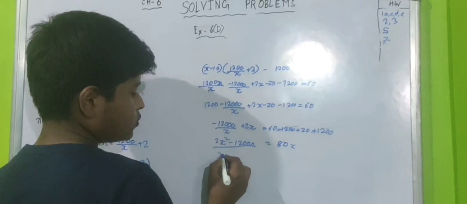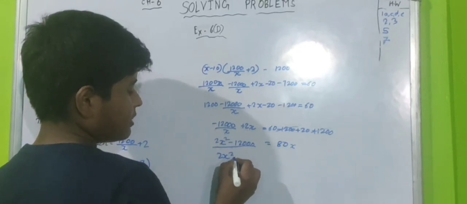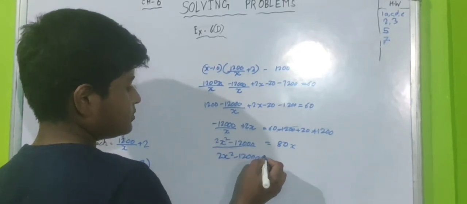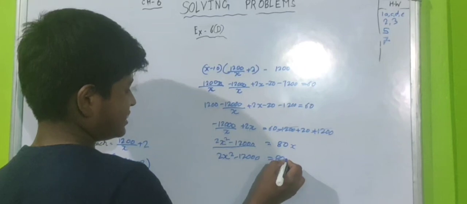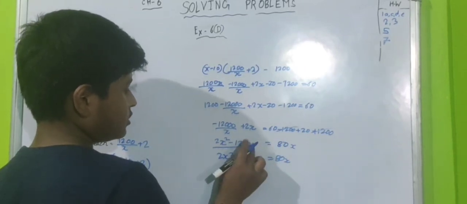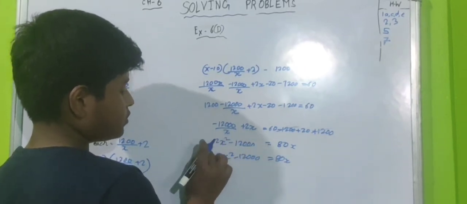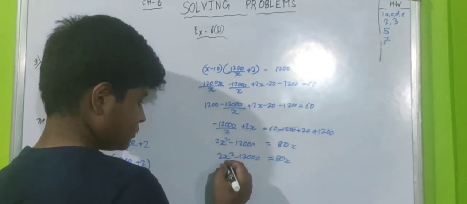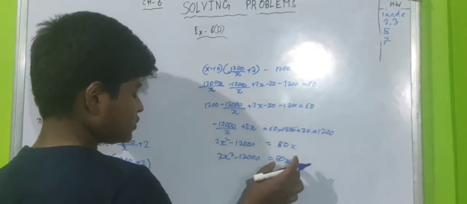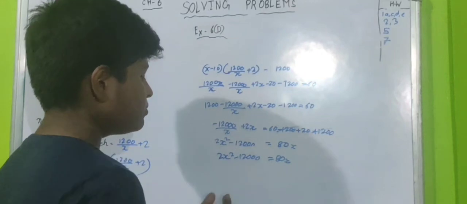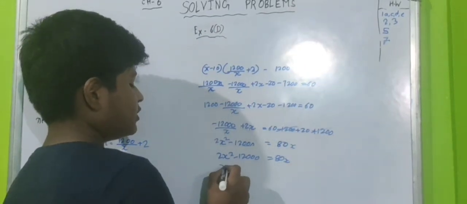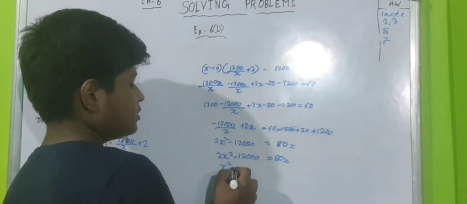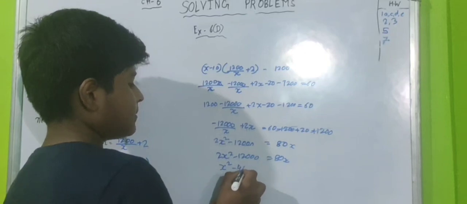So 2x square minus 12000 is equal to 80x. I've taken a bit of a shortcut here. You may get confused, so see it thoroughly. Divide by 2 and send this to here. We're dividing it by 2 because 2 is common, and on reducing, the process becomes easier.